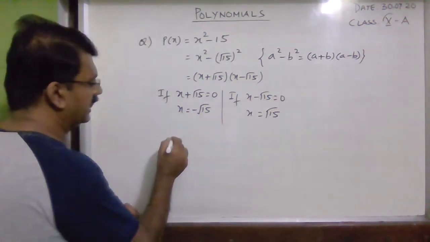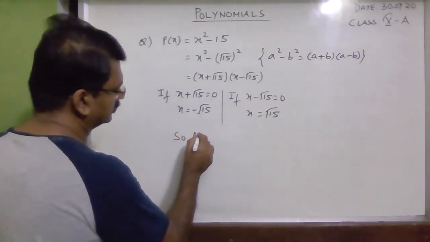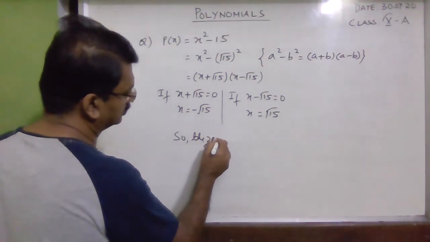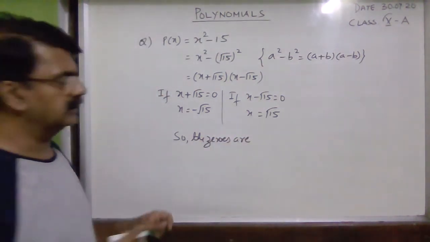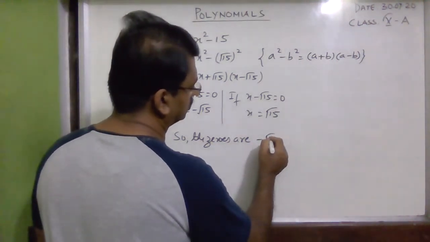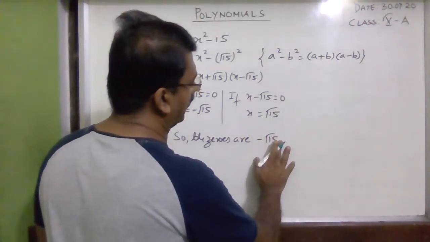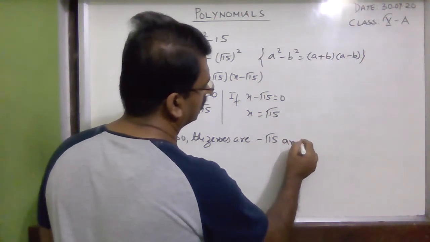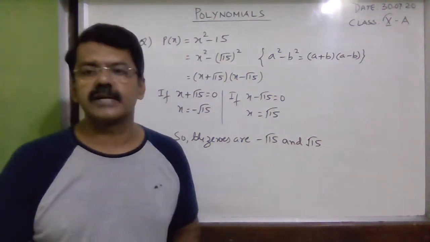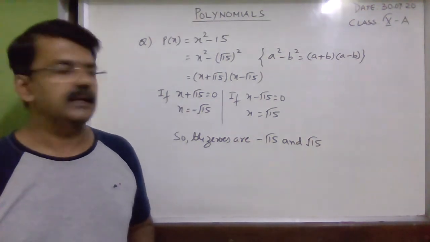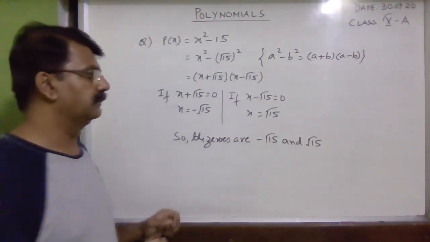So the zeros are minus root 15 and root 15.